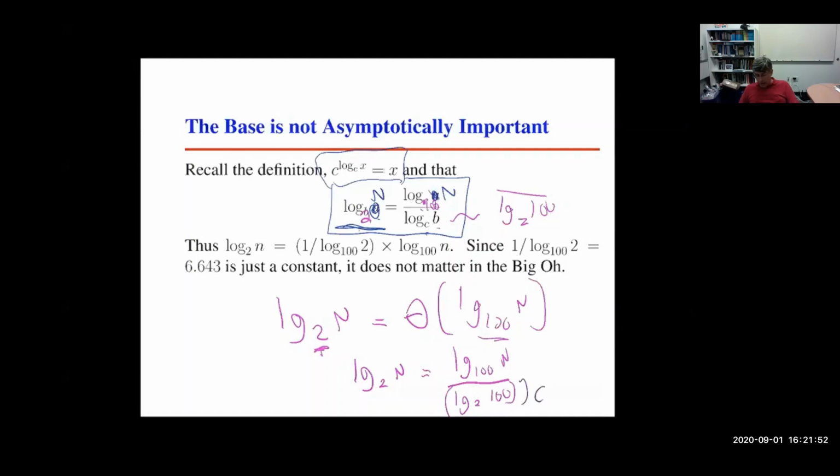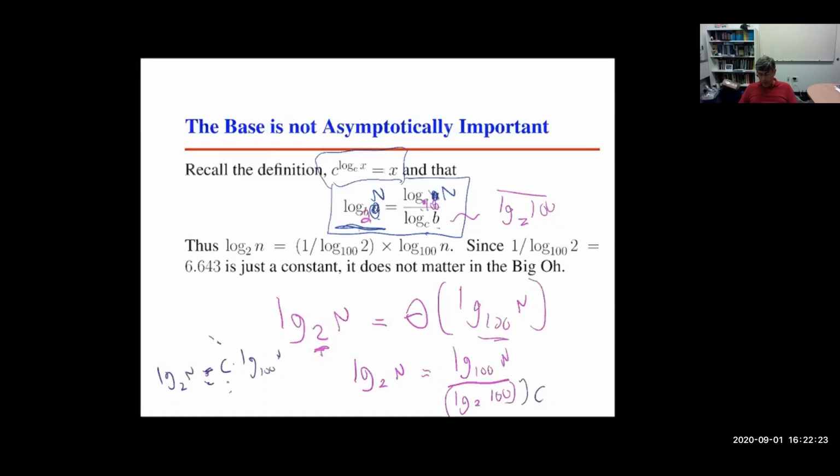This is really saying that log base 2 of n is equal to some constant times log base 100 of n. If this is equal to a constant times that, there is a constant c such that this becomes an upper bound. And there is a constant a little bit less than c such that it's a lower bound, right?